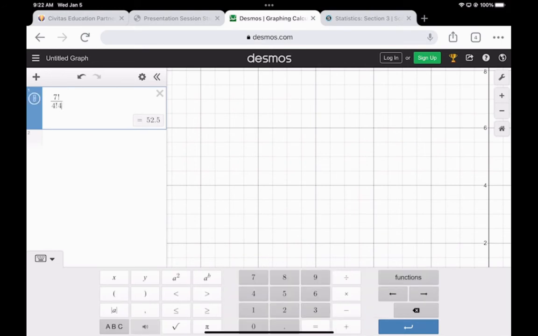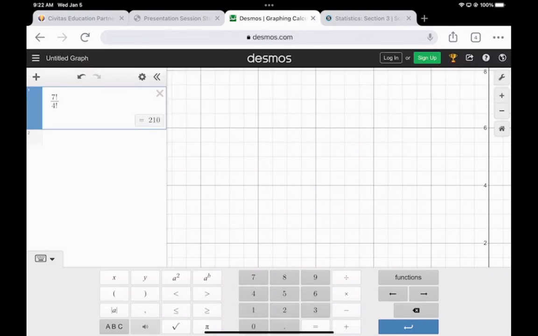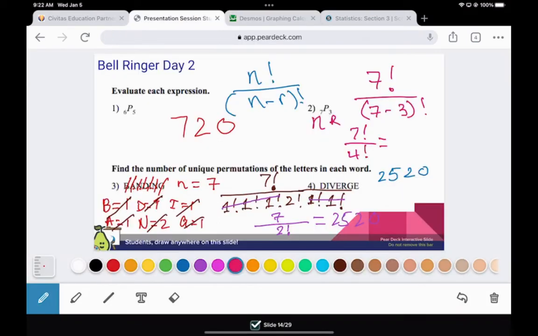Oops, I have an extra 4. That would give me 210. So maybe when you put it in your calculator, it could be a problem for some of you, how you enter in the numbers. So the answer for this one is 210. Okay.